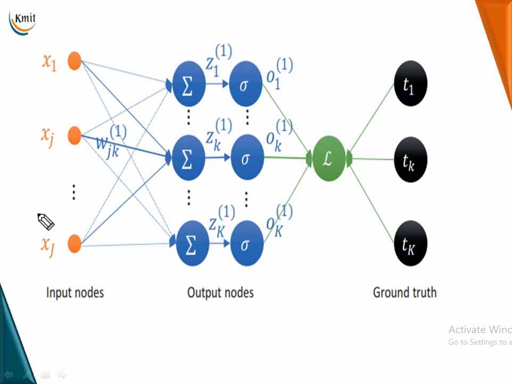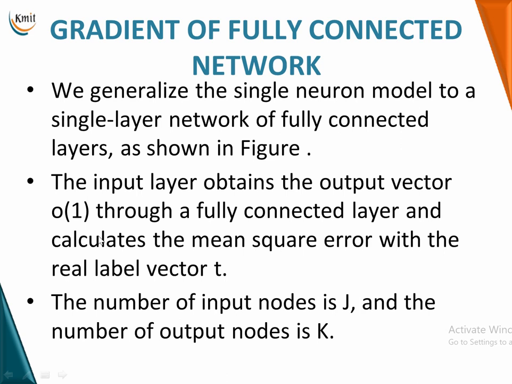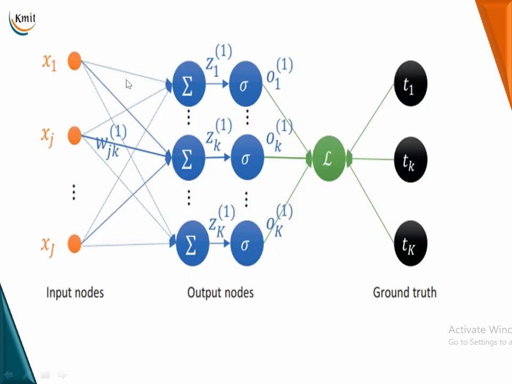Just moving back, I was discussing we generalize the single neuron model to a single layer network of fully connected network, which I just showed you in the figure. The input layer obtains output vector O1 through a fully connected layer. So why is it called a fully connected layer? Because you can see here each node is connected to every other node in this particular figure.